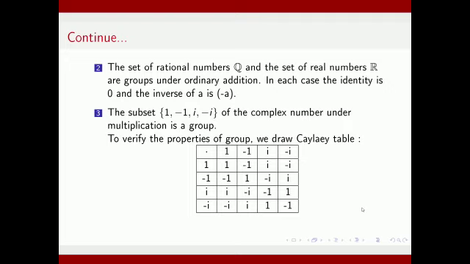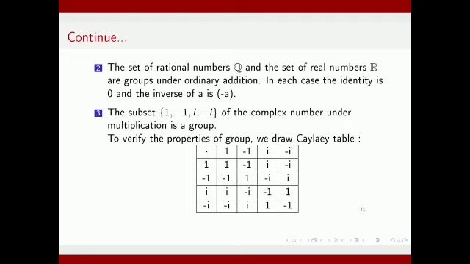Second property, associativity is also satisfied with respect to multiplication, and the identity element is 1. Now for the fourth property, inverse property, we have to find the inverse of each element. 1 into 1 is 1, therefore 1 is the inverse of itself.